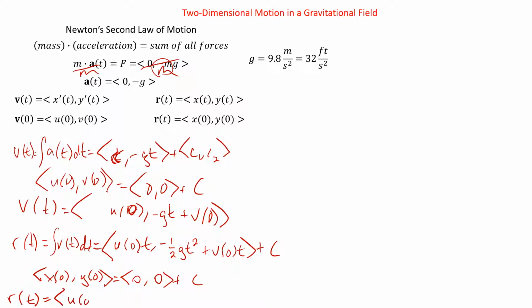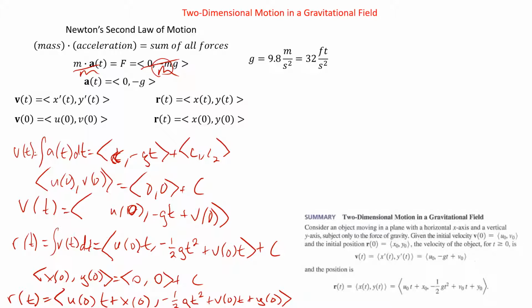I always want to say u naught, which is pretty close, plus the initial starting point x of 0, comma, we have negative 1/2 g t squared plus v of 0 t plus y of 0. And that's our position function. So we have velocity and position functions, which we took just by finding the antiderivatives with some very generic initial conditions.